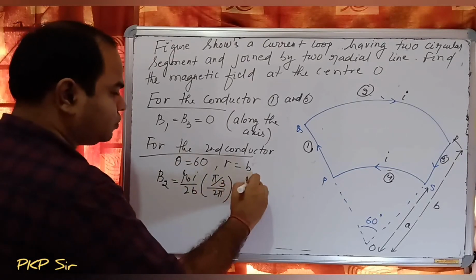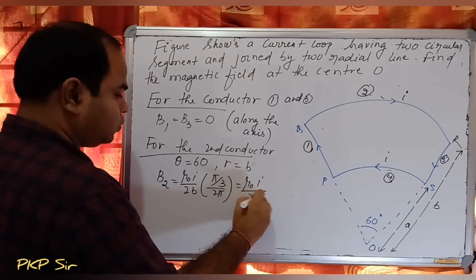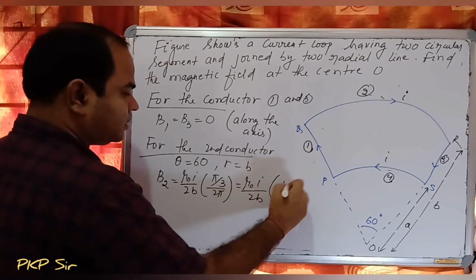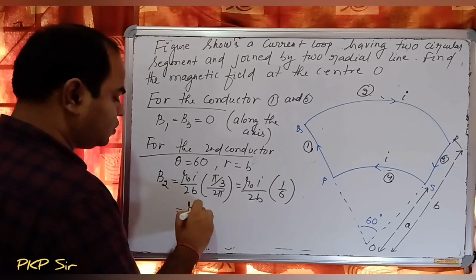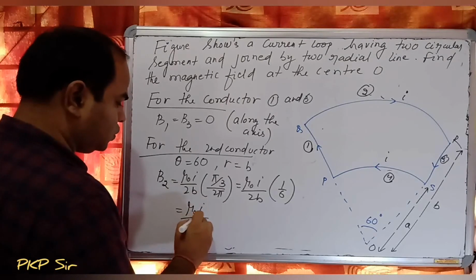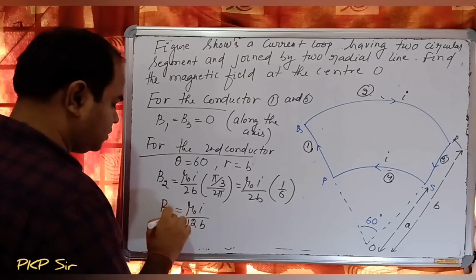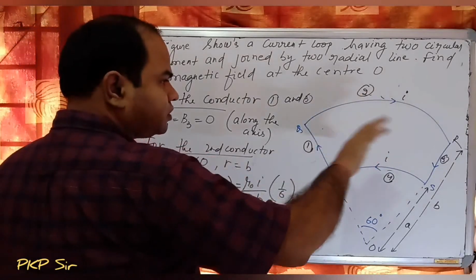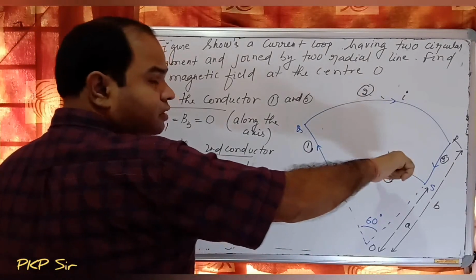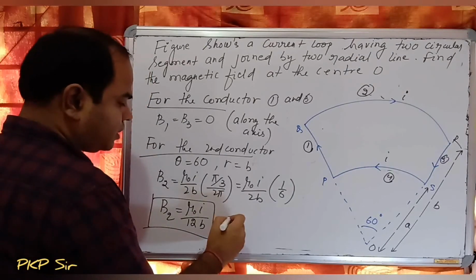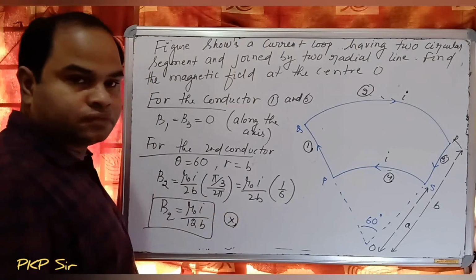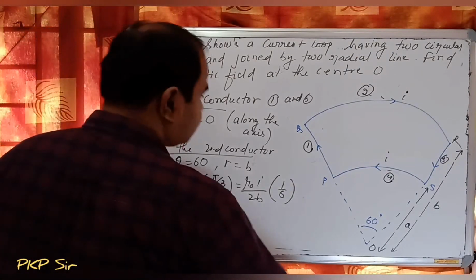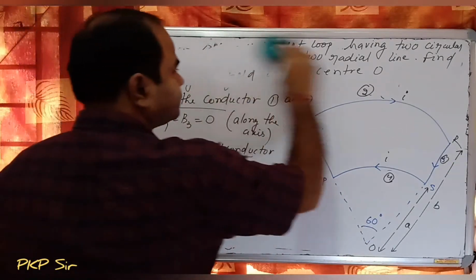So it is mu naught I by 2b times 1 by 6, that is equal to mu naught I by 12b. What is the direction? The current is clockwise, so the magnetic field will be inward. Okay. Next, let us talk about the fourth conductor.